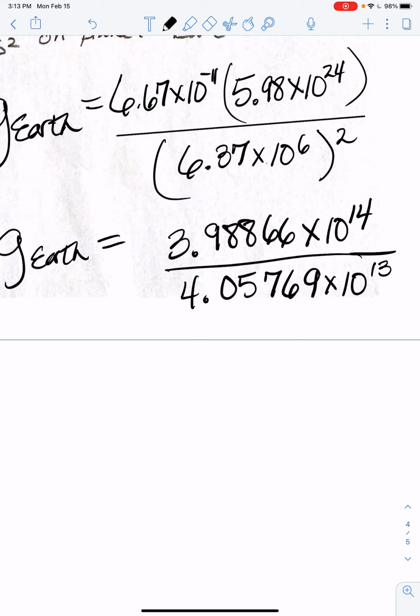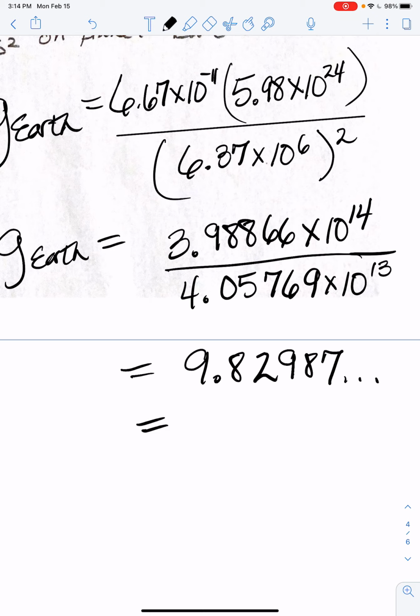So let's go ahead and type this in. 3.98866 EE 14, and then we're going to divide that by our 4.05769 EE 13, end parenthesis. All right, so on my calculator, I'm getting about 9.8297, and it goes on.